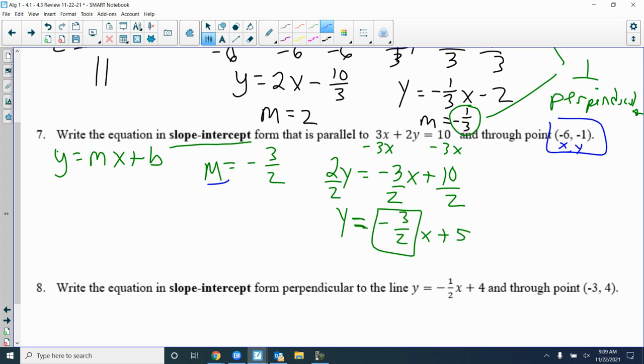Okay, go ahead and do it for me, Maddie. Y plus 1 equals 3 over 2. Careful, it'd be negative, right? Right. X plus 6. Okay, does everybody understand why it's plus 1 and plus 6? Because they're both negative. Does everybody see that?